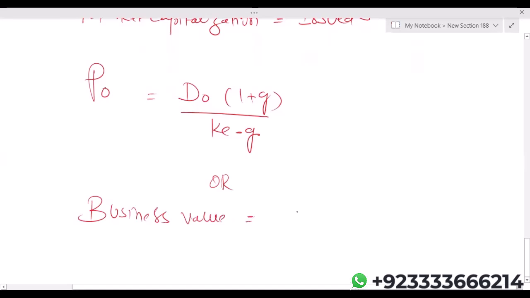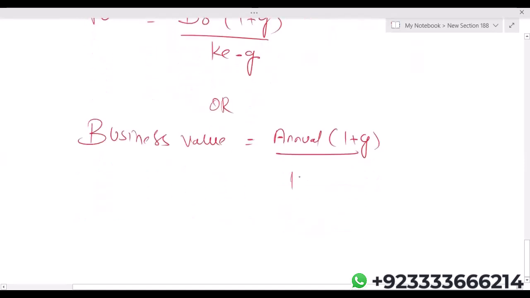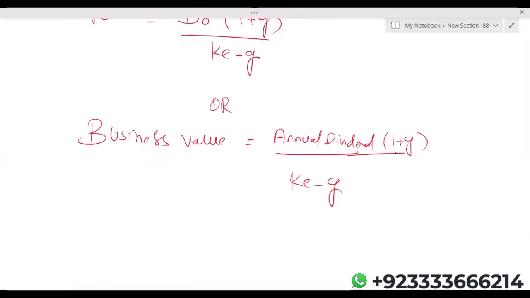Business value is equal to annual dividend into (1 plus growth rate) over K minus G. So annual dividend (1 plus G) upon K minus G gives you the business value.